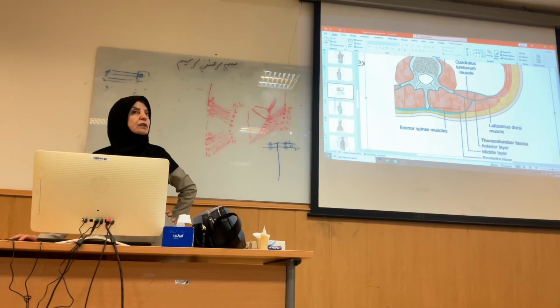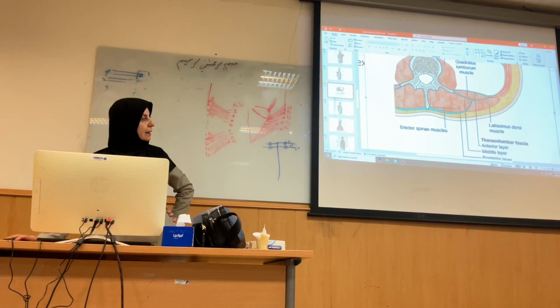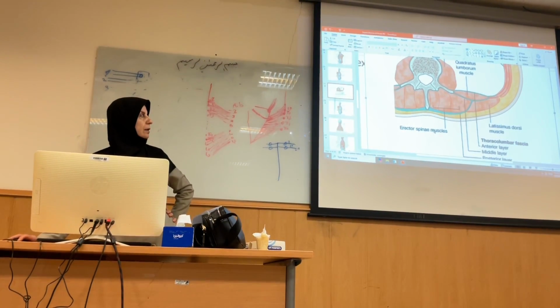This green sheet we call thoracolumbar fascia. Normally, in the lumbar region, the thoracolumbar fascia on each side consists of three layers: anterior, middle, posterior. The posterior layer is visible here, superficial to this muscle. What's the name of this muscle? Erector spine.